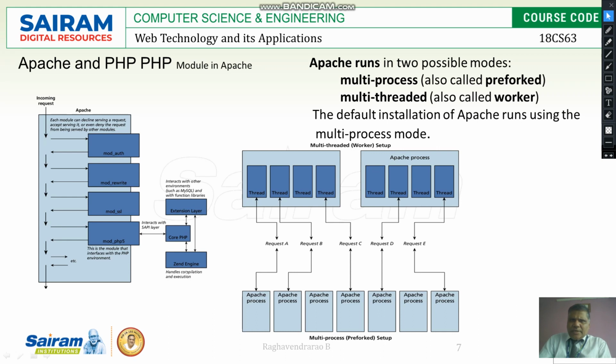Here the Zend engine is used. PHP uses the Zend engine, and when it is compiled, it may require the database, so extension layers are there. It uses that layer to execute the program and gives the output back to the system. So Apache server and PHP are executed in this fashion.